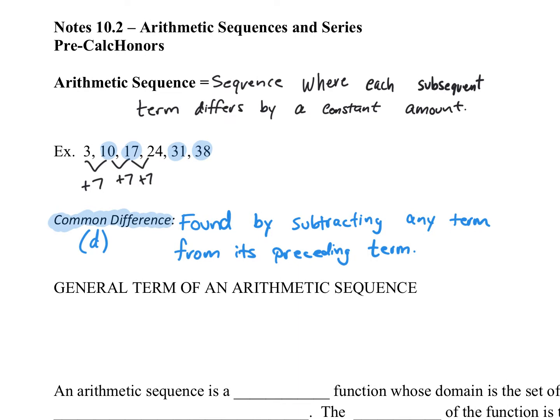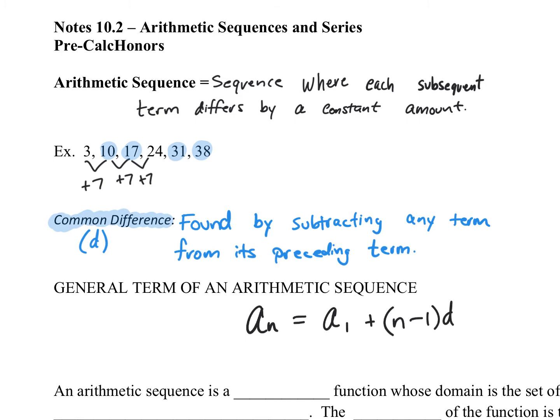We actually have a formula that we are going to use throughout this lesson to find the nth term, the general term of an arithmetic sequence. The way we write this is we say a sub n, the nth term in a sequence, can be found by taking the first term, a sub 1, and adding to it n minus 1 times d.